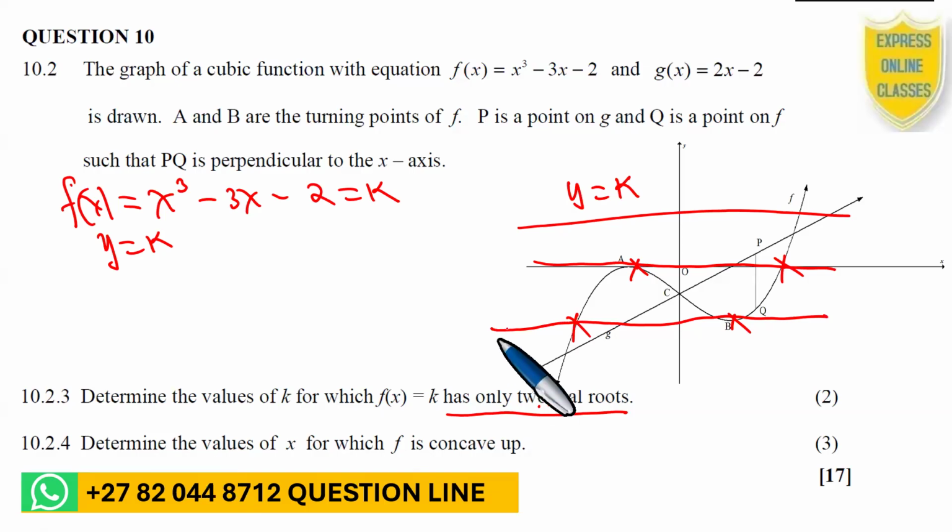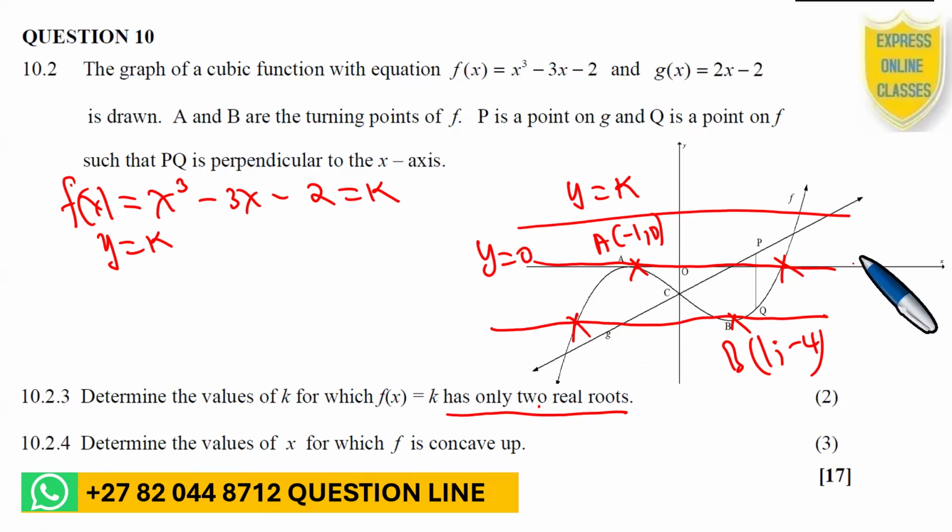Okay. It means that we know A has the coordinates -1 and 0. We know that B has the coordinates 1 and -4. Meaning y is equal to 0 here because the x-axis is the same as y equals 0, but y is -4 through this vertex.